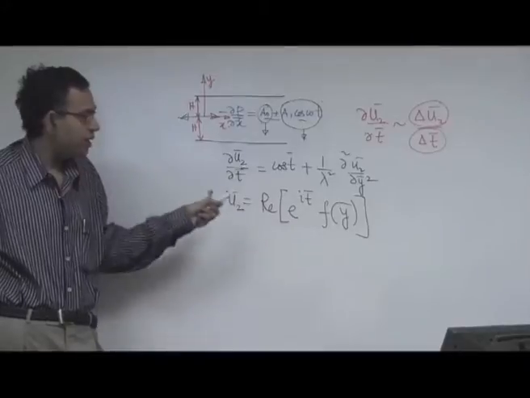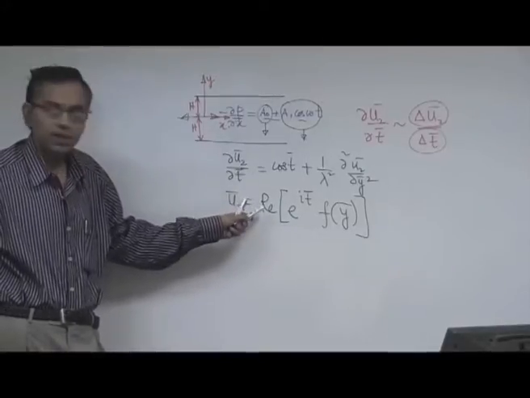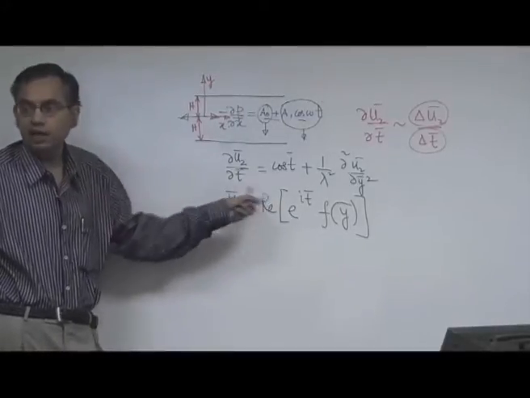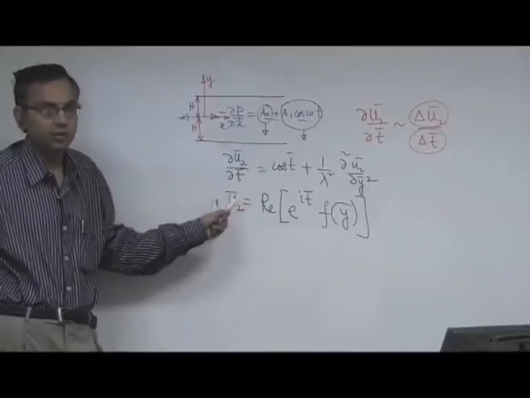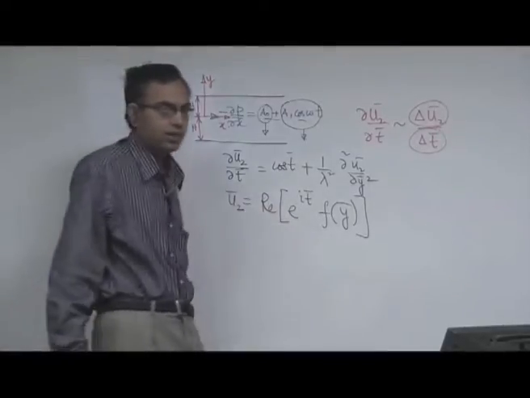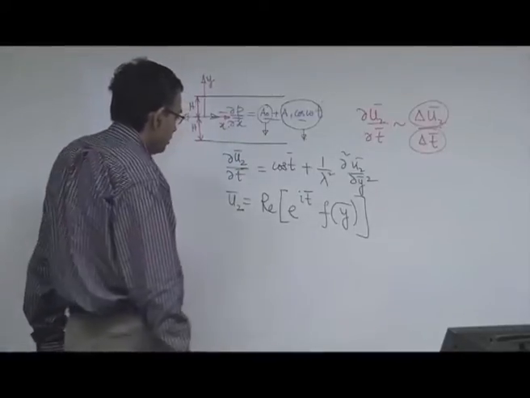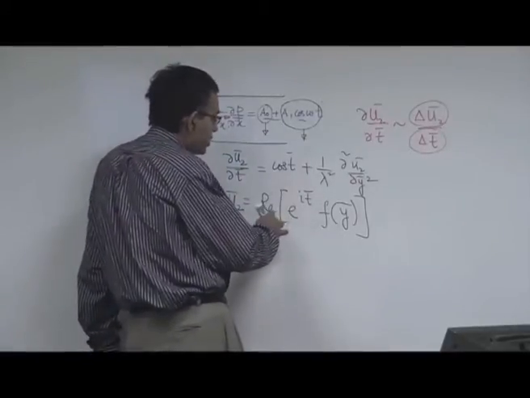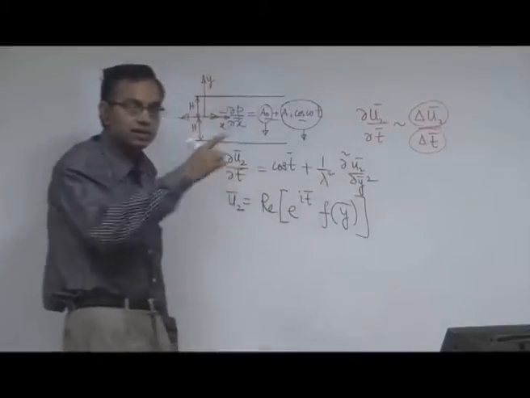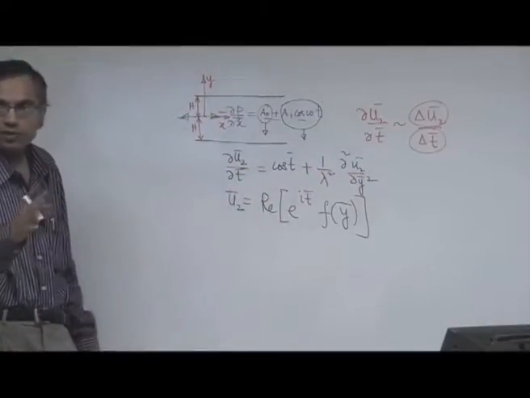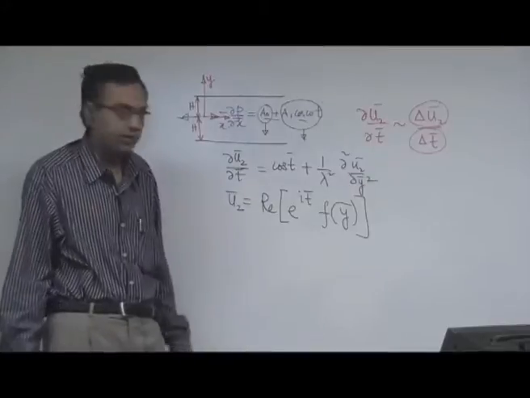So, you have to be careful that you should not mix up the Reynolds number with the real. So, this is not Reynolds number, this is the real component of this one. If you are very confused, just write REAL instead of Re to make sure that you mean the real component.